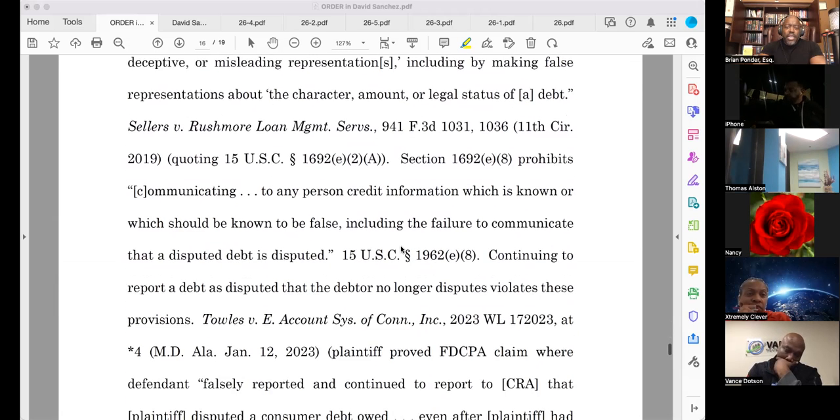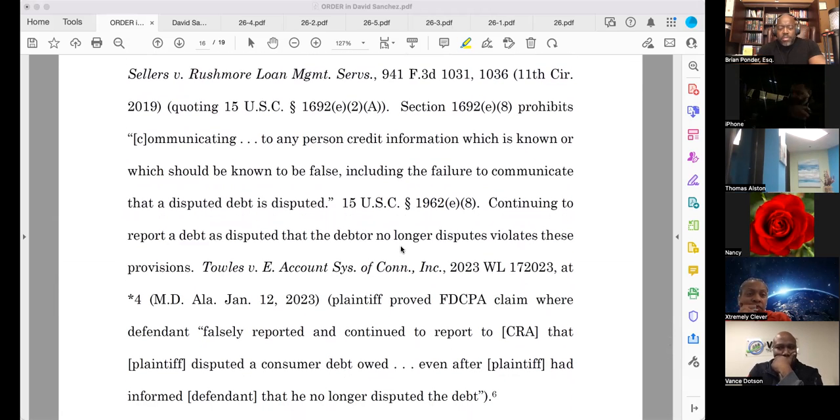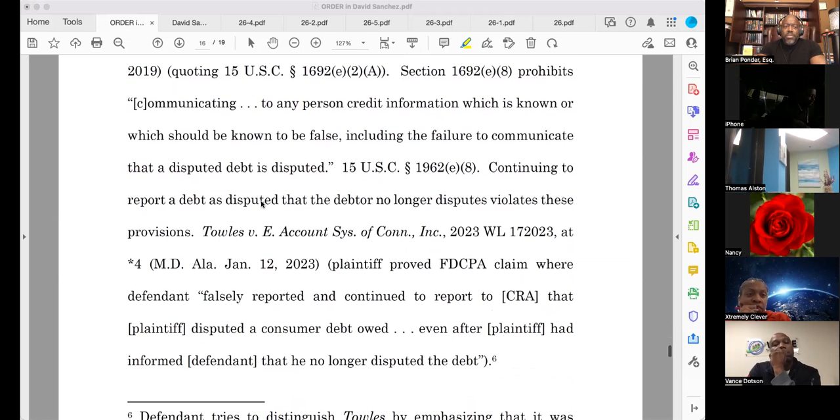Basically they're saying, as we talked about, that if you continue to mark a report disputed when it no longer is disputed, that is a violation, and they have this case that supports that: continuing to report to the CRA that a disputed debt was owed, even if the plaintiff had informed the defendant they no longer disputed it. So that solves that.